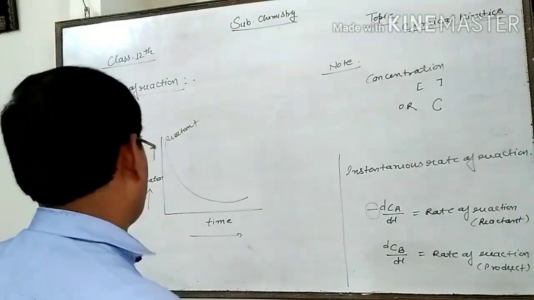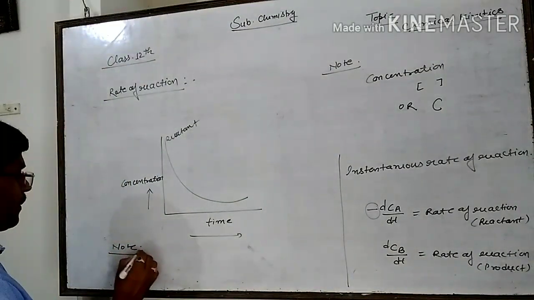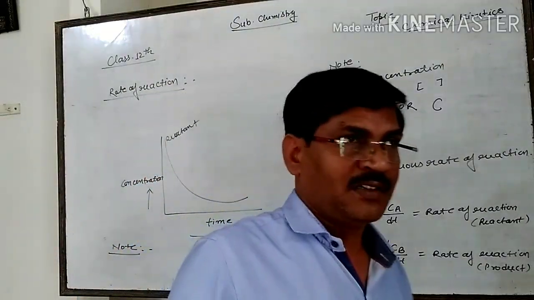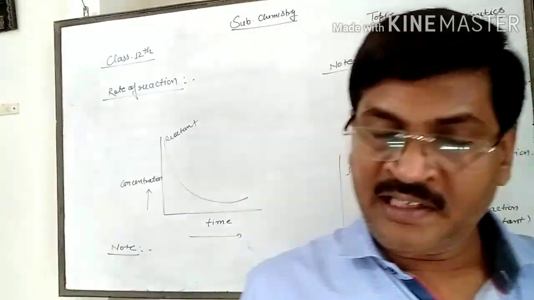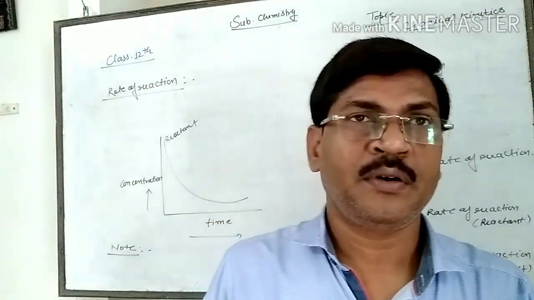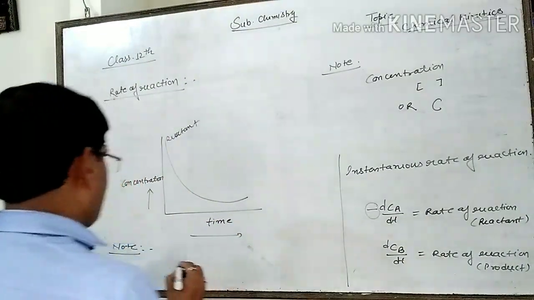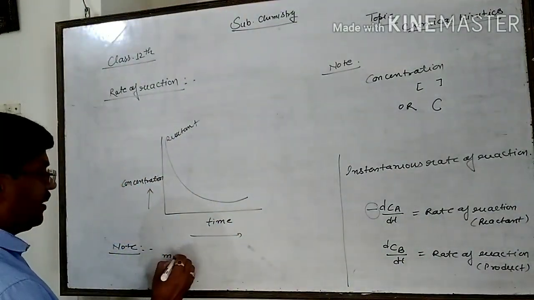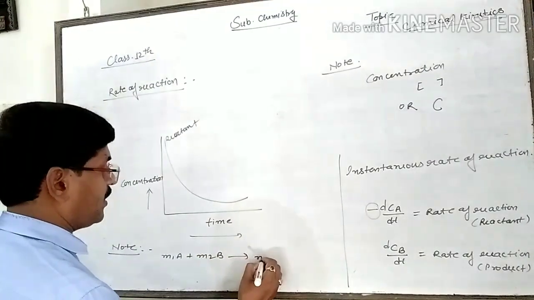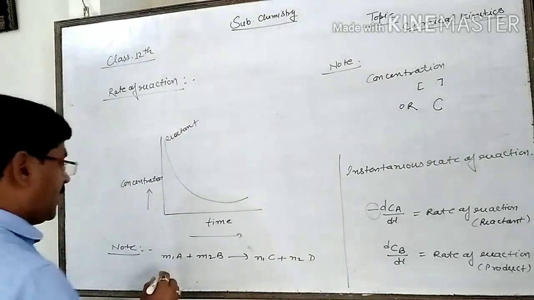One thing more in the note. If a reaction is given having reactants and products, with a number of molecules in the reactants and products, suppose a reaction m1A + m2B gives n1C + n2D.